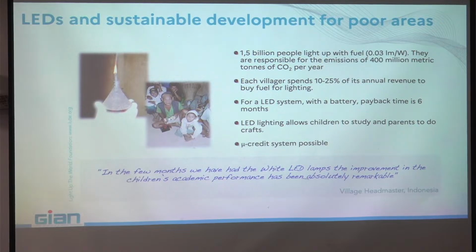This is a slide. When you go to some really poor areas that use kerosene for illumination, if you can use LEDs with batteries that you can charge with photovoltaics or things like that, then one of the best effects is that you allow kids to read in the evening and go to school, and this has no value.